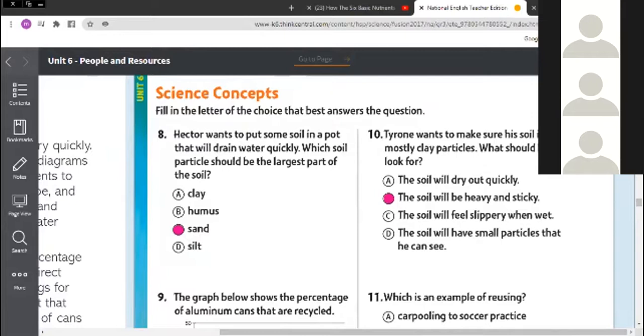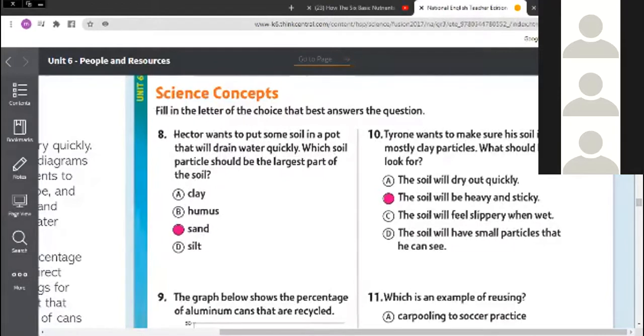Terran wants to make sure his soil is mostly clay particles. What should he look for? The soil will dry out quickly, or the soil will be heavy and sticky, or the soil will feel slippery when wet, or the soil will have small particles that he can see.